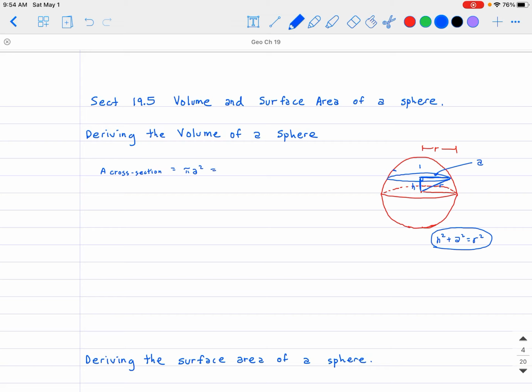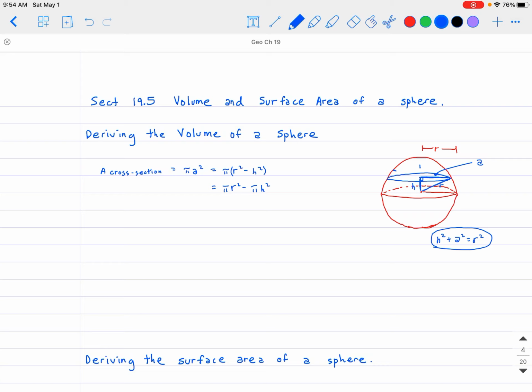If I do a replacement, that is equal to pi times (r squared minus h squared). If I multiply that out, that is equal to pi r squared minus pi h squared, which is pretty much as far as we can go in terms of cleaning it up.